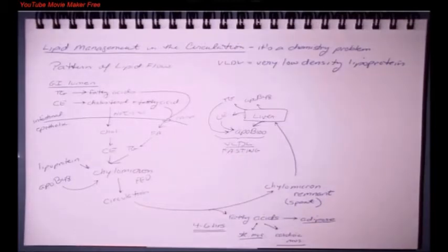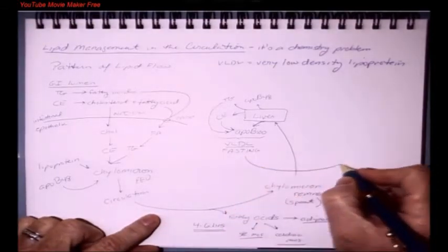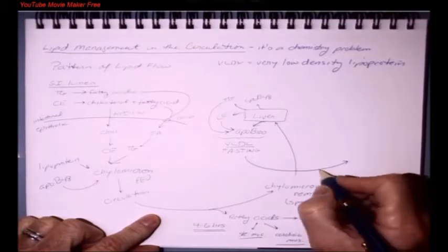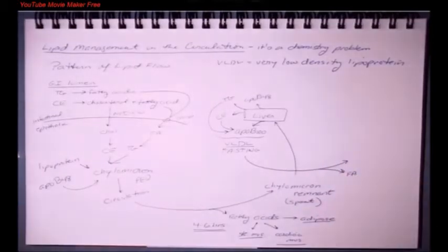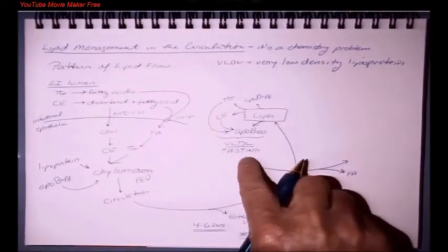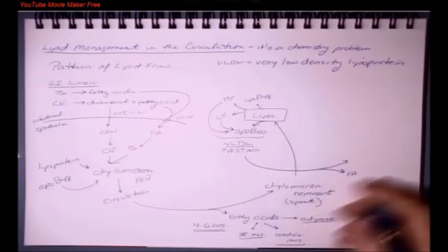Now what's going to happen to this VLDL over time is that as tissues extract the fatty acids that they need, the particle is going to become smaller. And it's going to become smaller because you're extracting the fats and the particle reduces its size.